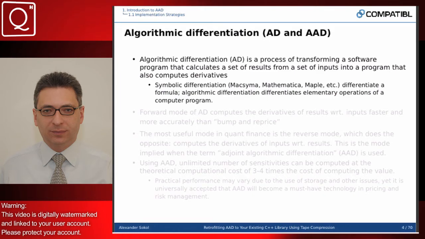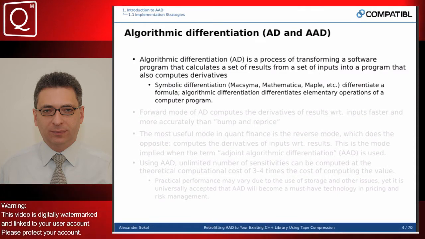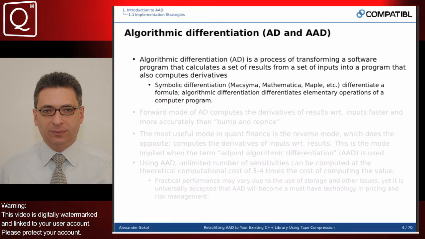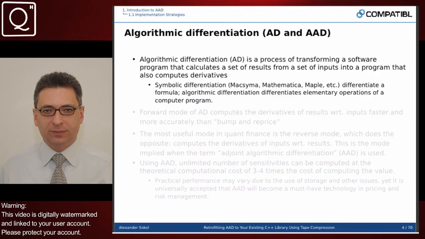For example, if you have to deal with something like an exponent or any special function, you do need to use symbolic differentiation to implement AAD with it, but it's not the same as symbolic differentiation, because, or if you wish, you can think of it as symbolic differentiation of plus, minus, and divide, the basic arithmetic operations in your program. And symbolic differentiation is sometimes possible and sometimes is not, but for most computer programs, as long as you can deal with all of your special functions, the program is differentiable.